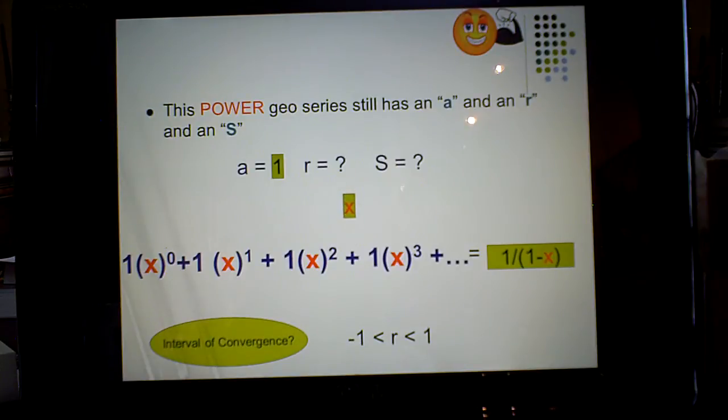Well, what is r now? It's my x. So as long as I replace x with any number between -1 and 1, not inclusive, can't put in -1, can't put in 1, I will have a convergent series. And that infinite series is equal to 1 over 1 minus x in this case.